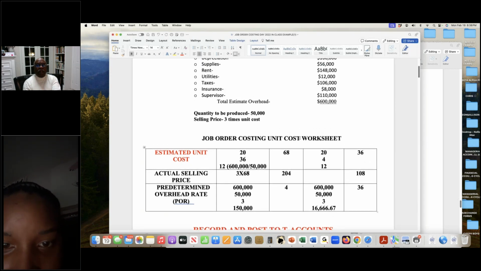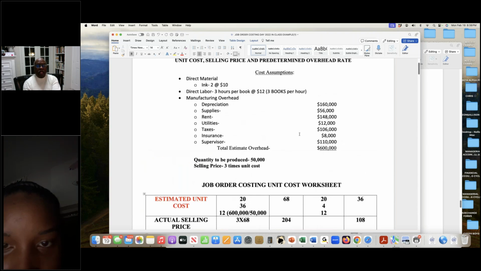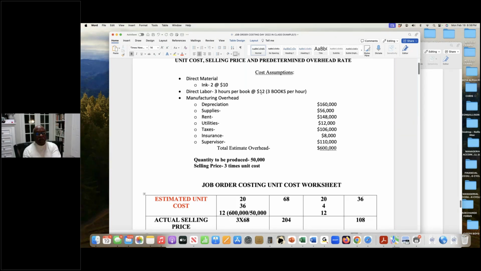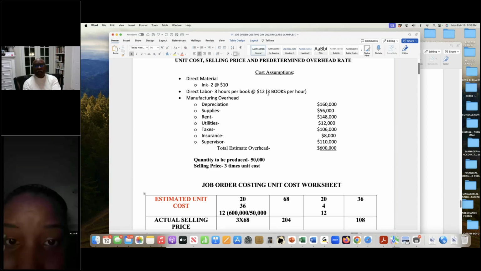If it's 3 books per hour, why did we divide? You're being paid $12, and there are a couple of ways to look at it. You're being paid $12 an hour to make 3 books. The person who's making them is going to look at it this way: I paid $12 for 3 books. So what's the cost of each book? I paid $12 for 3 books.